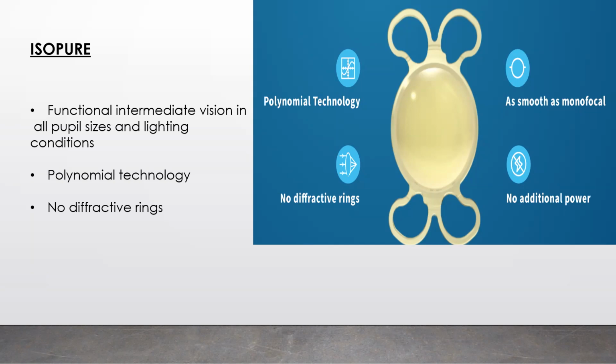I don't know much detail about it, but it comes under both EDOF and trifocal, and it works on diffractive technology. So if you can find out for us how it works, it'll be really nice, because then you can post it on the group about what the lens actually does.